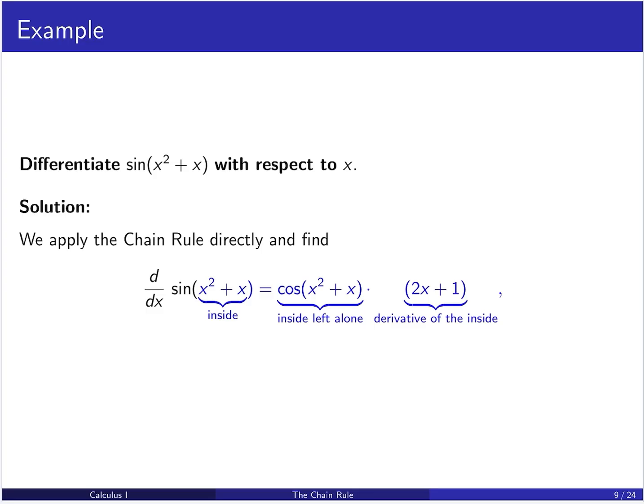Derivative of the outside, which is cos, inside stays the same, which is x squared plus x, times the derivative of the inside, the derivative of x squared plus x, which is 2x plus 1. So 3 steps, 1 answer every time.